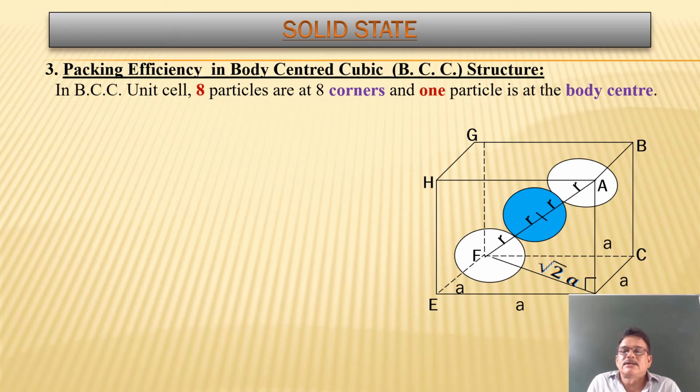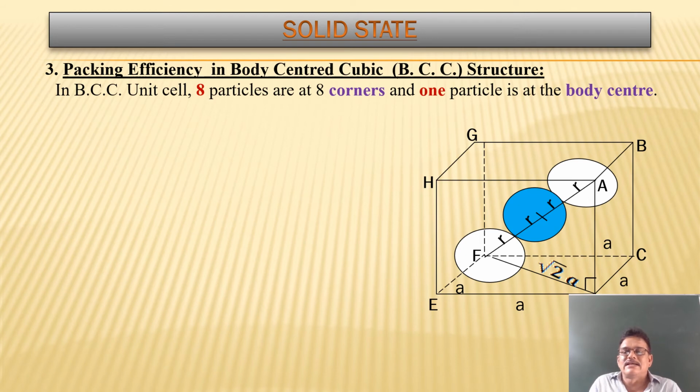If we take a cube as A, B, C, D, E, F, G, H, here if we join the corners F and A, we will get a body diagonal. Why is it called body diagonal? Because it will be in the bulk of the unit cell.